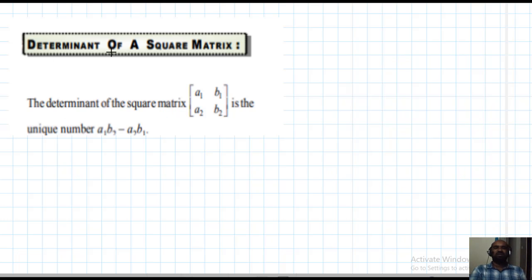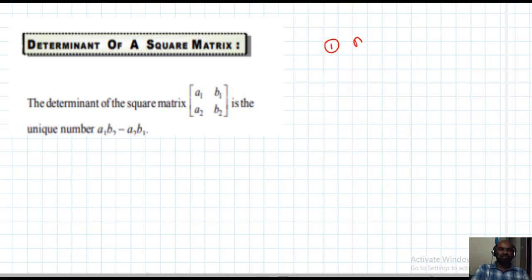Okay students, the determinant of a square matrix, here a 2 by 2 matrix, is defined as a1 b2 minus a2 b1. That real number is called its determinant. Observe now. Stage 1: 2 by 2 matrices.